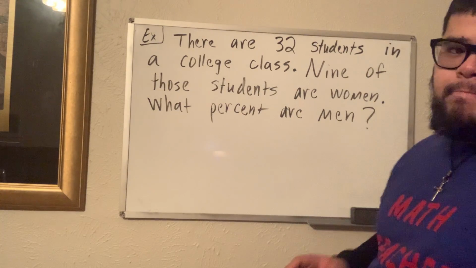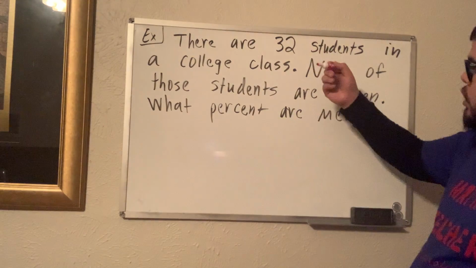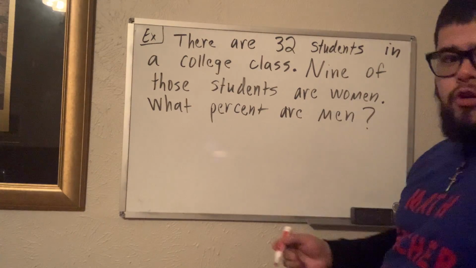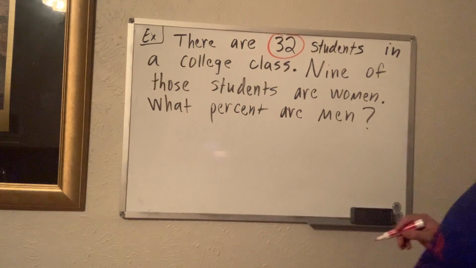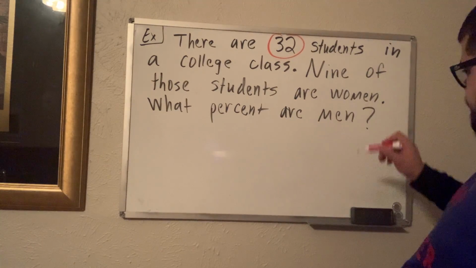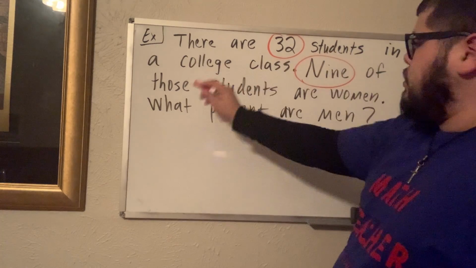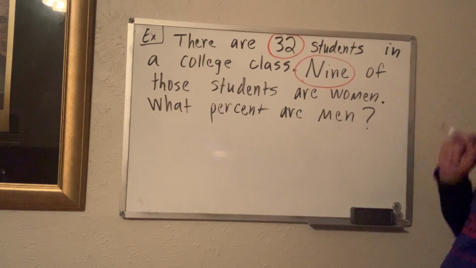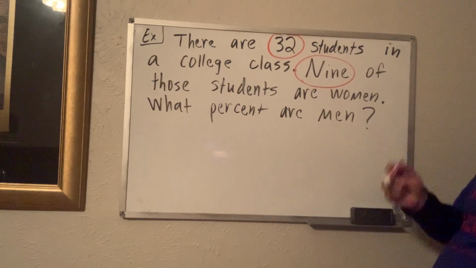Let's go ahead and use CUBES. C stands for circle important numbers. So there are 32 students in a college class, 9 of those students are women. What percent are men?